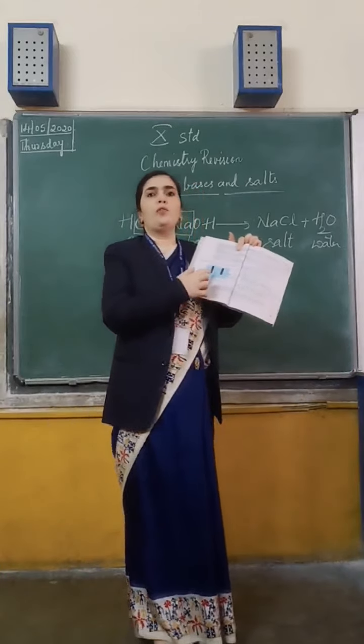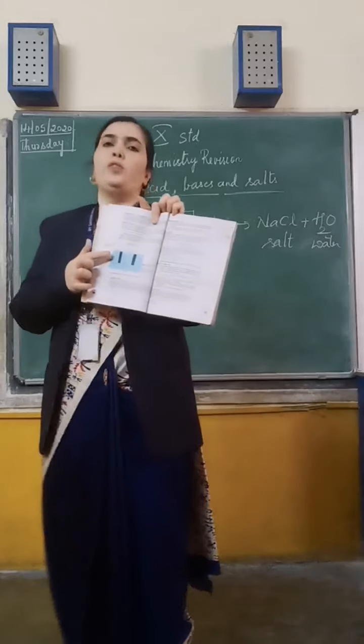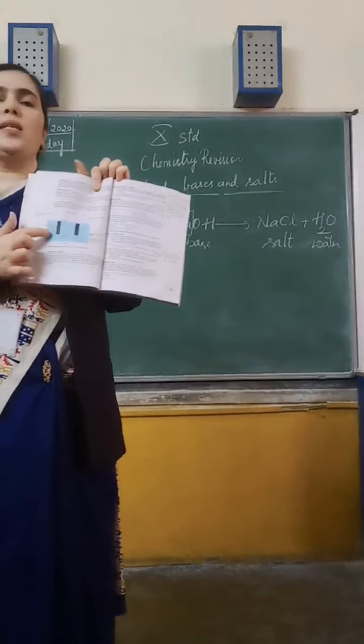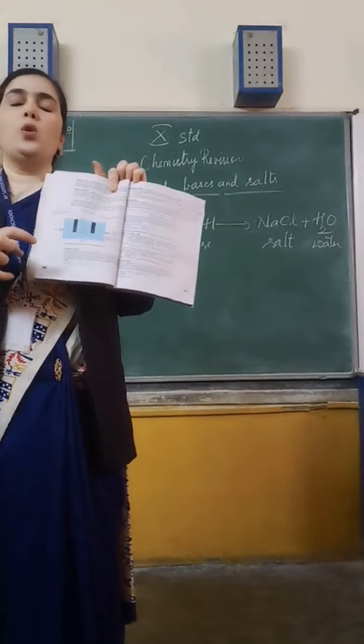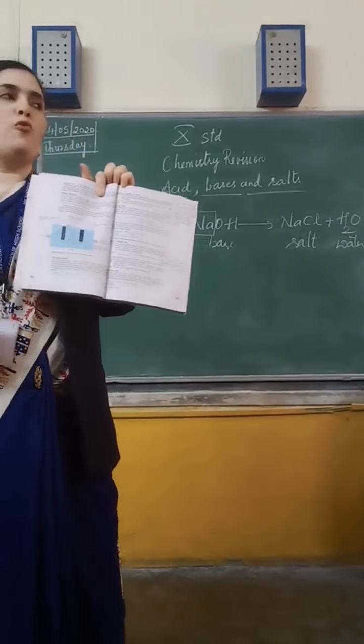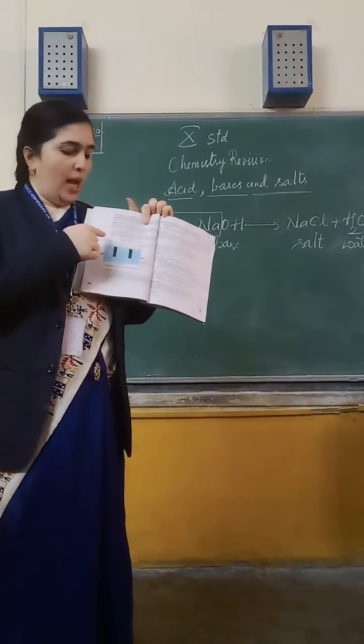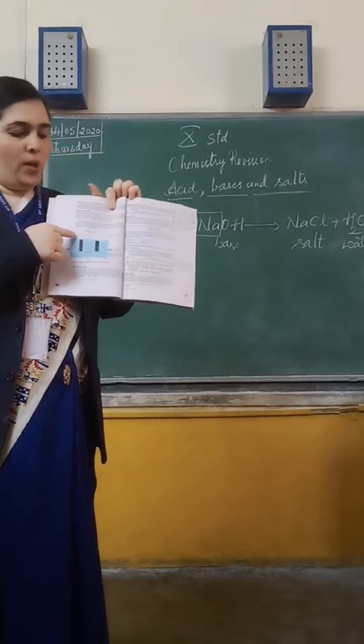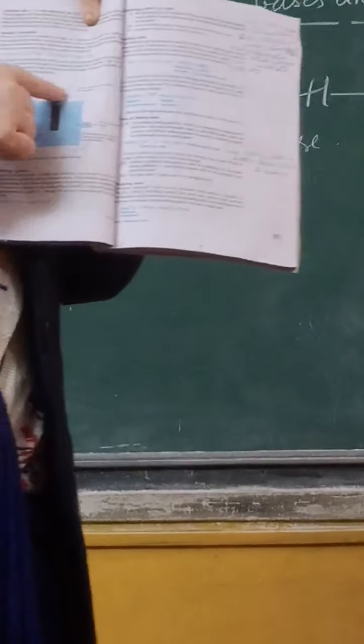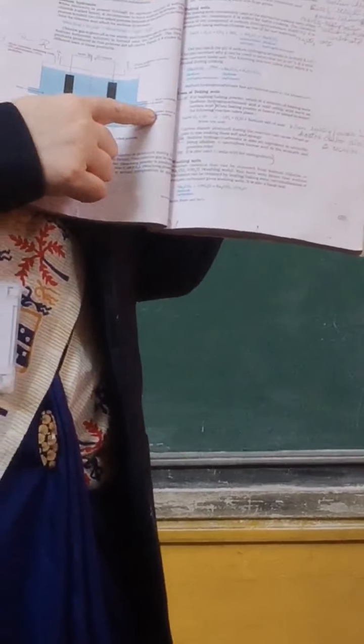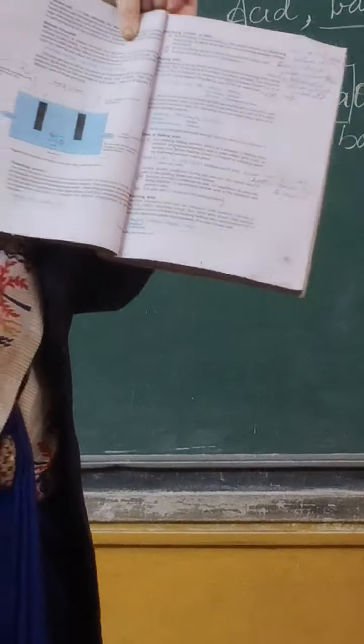The products we get in this process, their uses are also asked in the form of questions and answers. The answers are here only. The products formed are chlorine gas, hydrogen gas, and NaOH solution. Their uses are given here only. You have to learn these uses also.